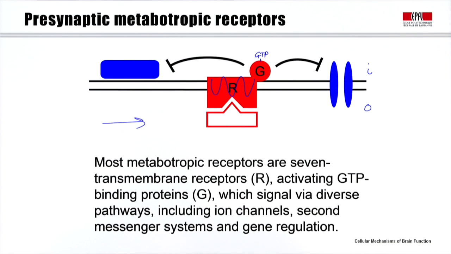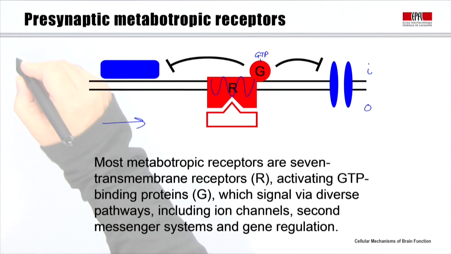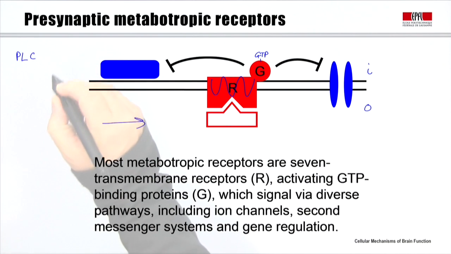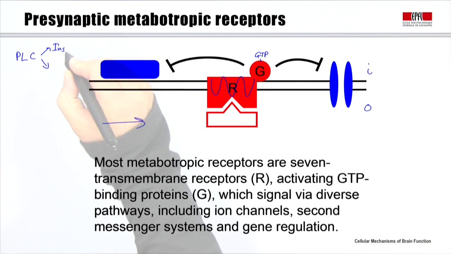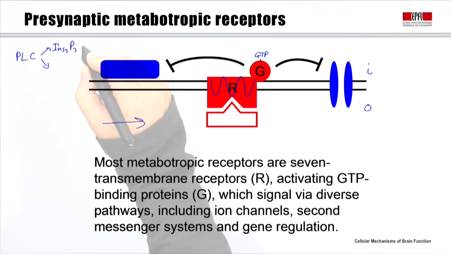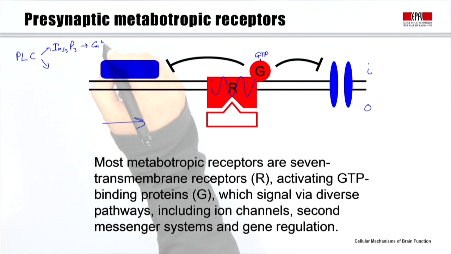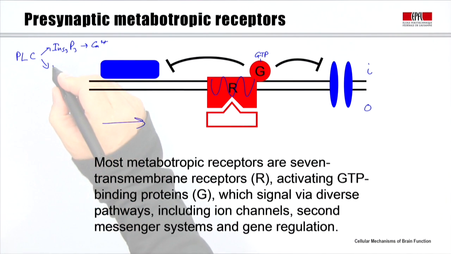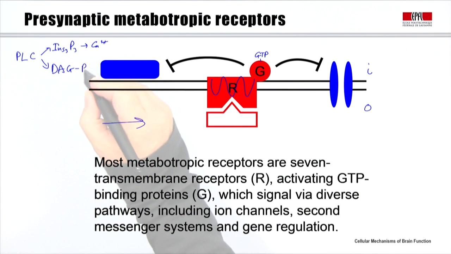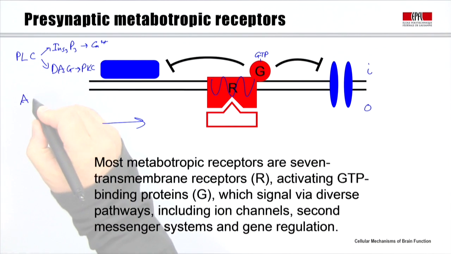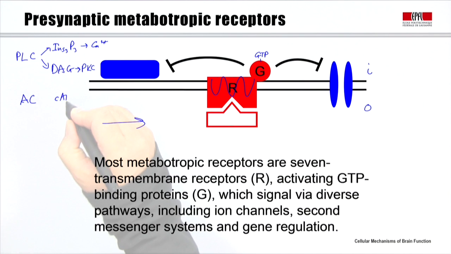that might then activate downstream signaling cascades. One of the enzymes that G proteins act upon is an enzyme called phospholipase C that splits into 2 parts, one part that releases inositol trisphosphate that then goes on to release calcium from intracellular calcium stores, and another part that releases diacylglycerol that then activates protein kinase C. Or we might activate the enzyme adenylate cyclase, and that might increase the level of cyclic AMP.